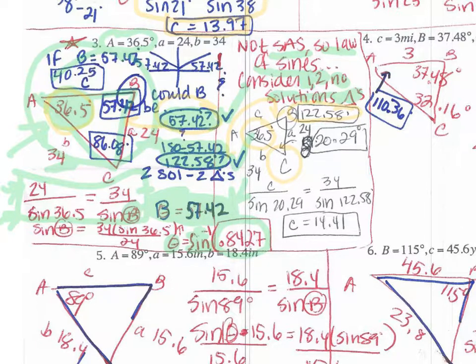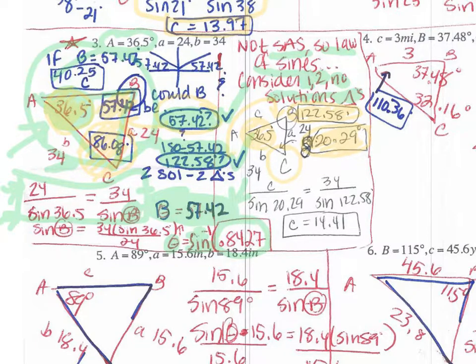For one, it will be 20.29 because 180 minus 36.5 minus 122.58 equals 20.29. And C for the other triangle is 86.08 because 180 minus 36.5 minus 57.42 is equal to 86.08.